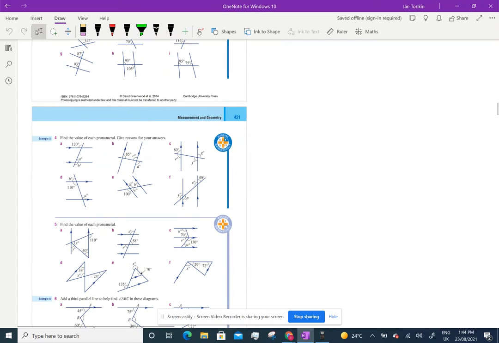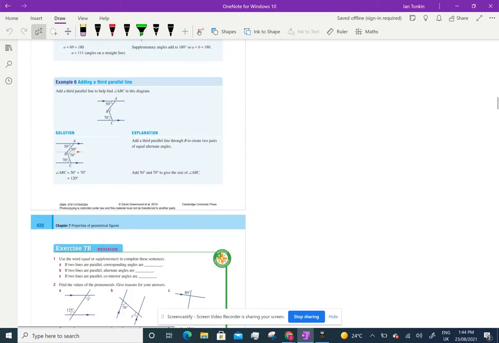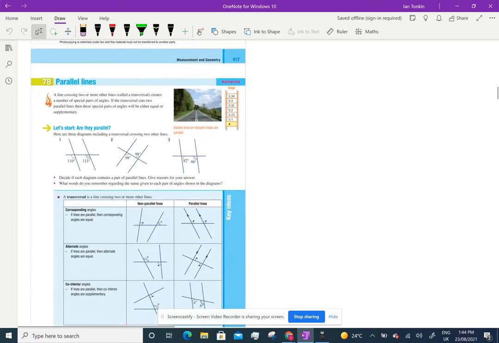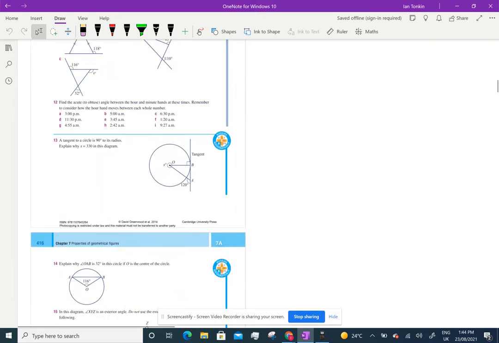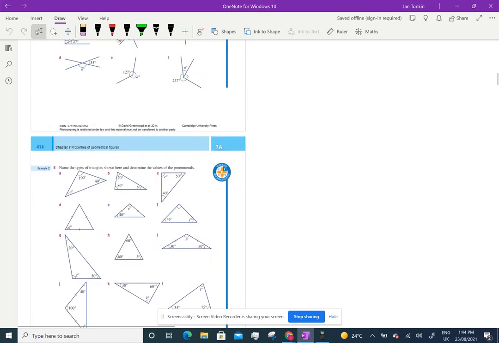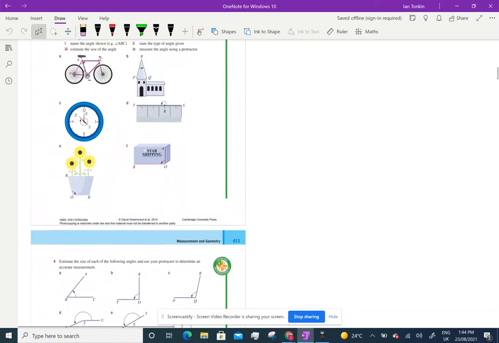Okay, Year 9, I'm going to go over the work that we're going to do with geometry. And the first bit is a little bit of revision. Now, I'm not going to start with exercise 7A, but there are some things you need to remember from Year 8.